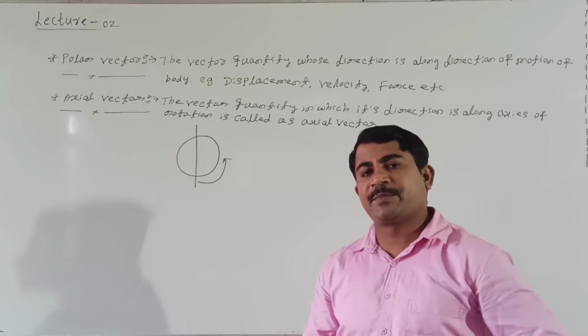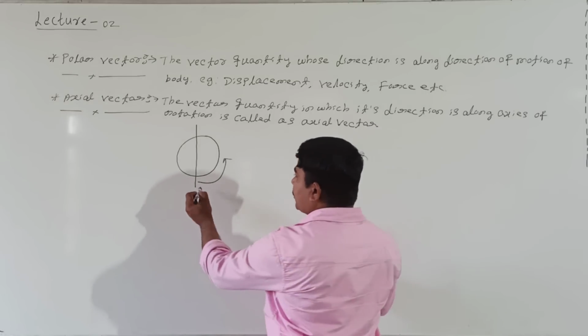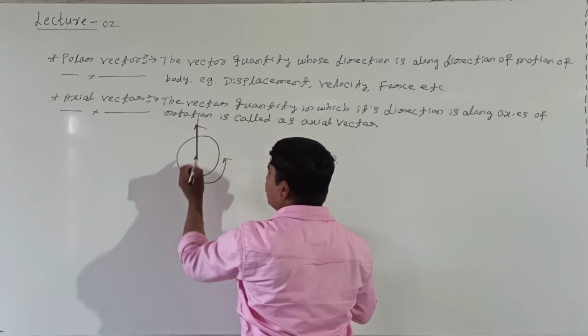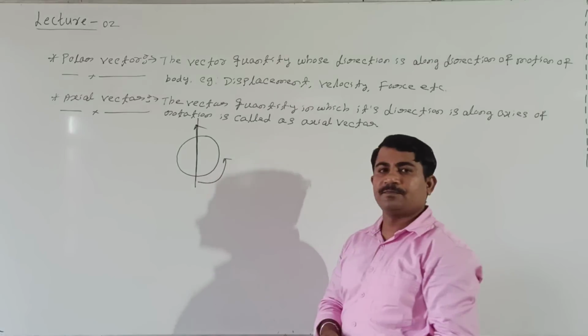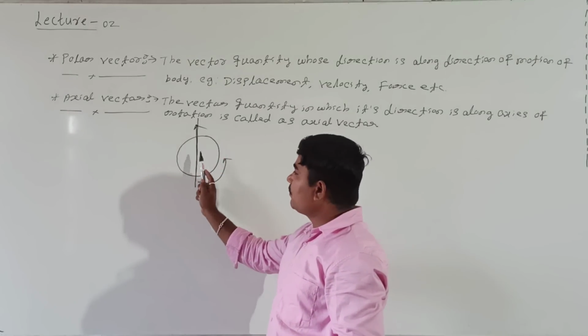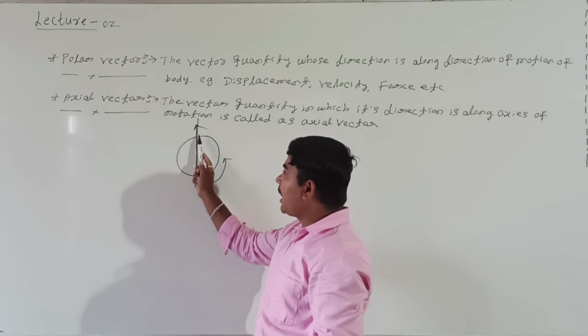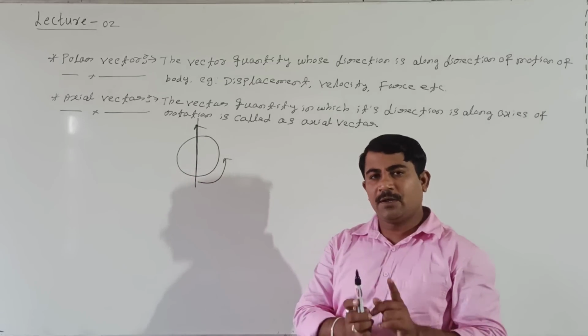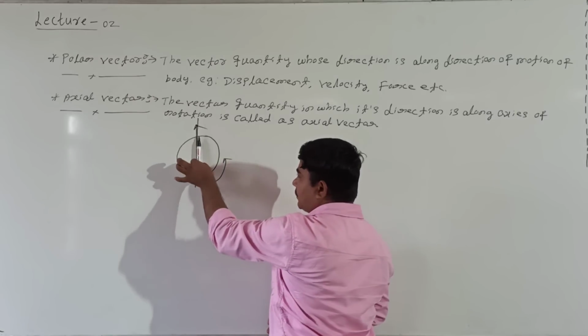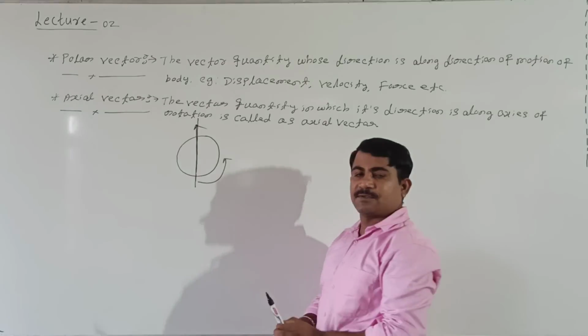How to represent the vector here? The direction of angular momentum or torque can be taken along the axis of rotation. Are you following? If the body moves like this, then angular momentum or torque acts along the axis of rotation. I mean, the vector whose direction acts along the axis of rotation, such vectors we call axial vectors.